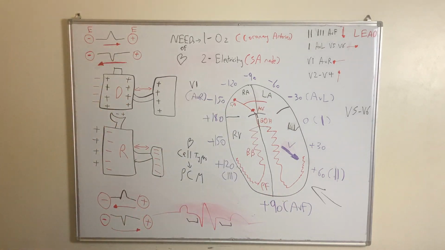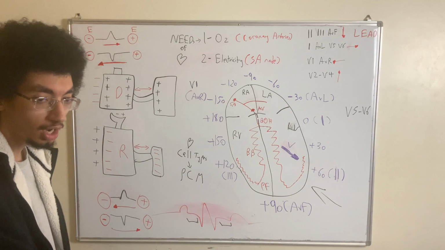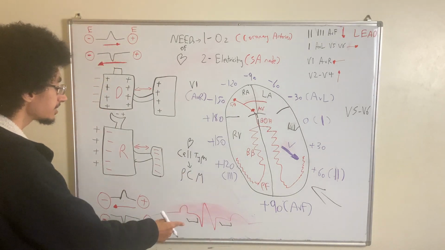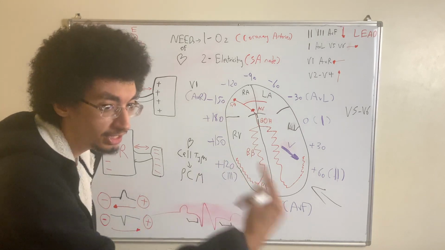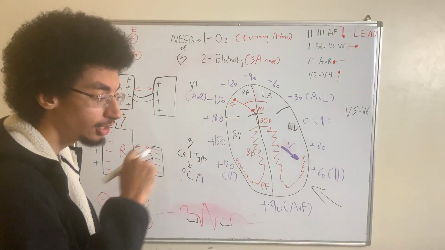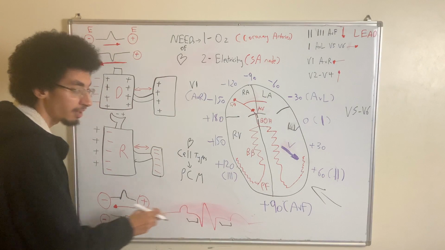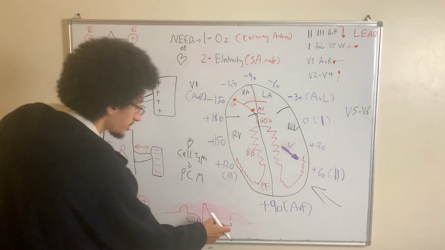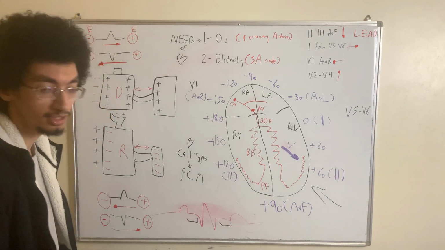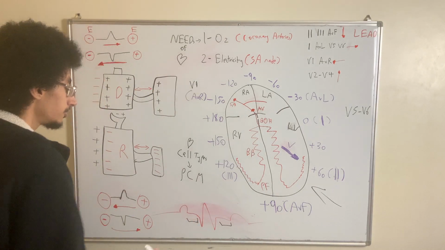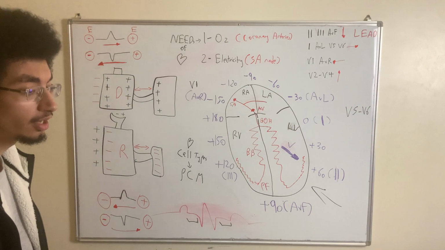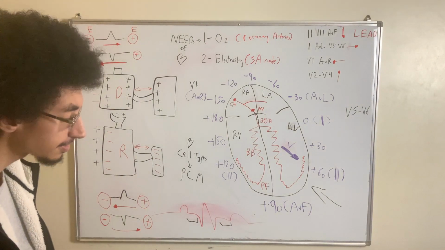For example, this is your PR segment, which represents the end of atrial depolarization to the beginning of ventricular depolarization. That is what is meant by a segment. Here, the ST segment represents the end of ventricular depolarization to the beginning of ventricular repolarization.